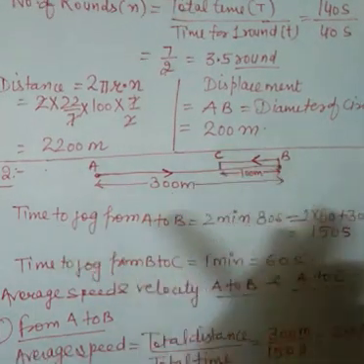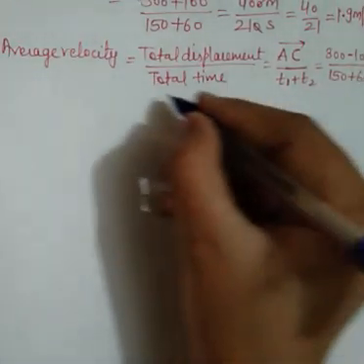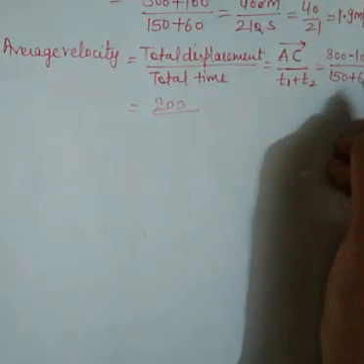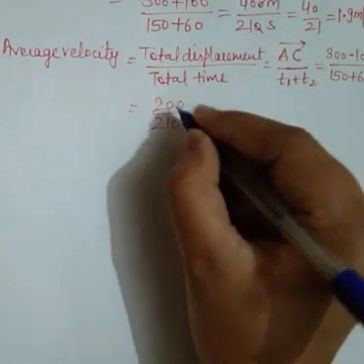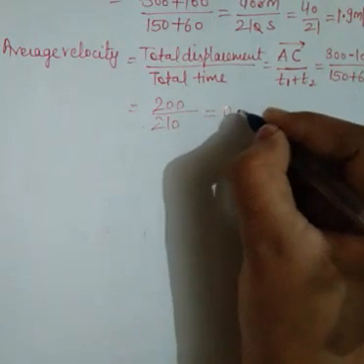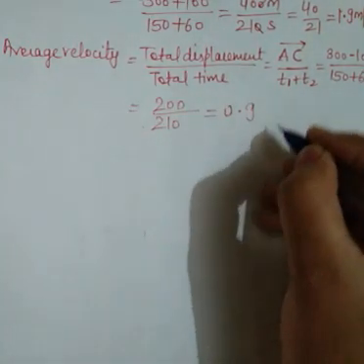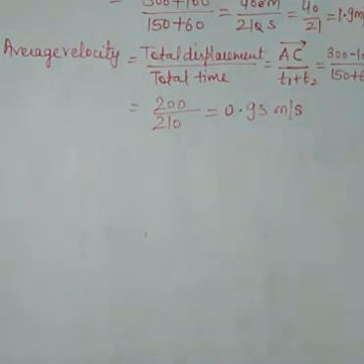We have to add for total time. So it is 150 plus 60. 300 minus 100 that is 200 and 150 plus 60 that is 210. 0 cancels with 0. 20 by 21, on dividing you will get the result 0.95 meters per second.